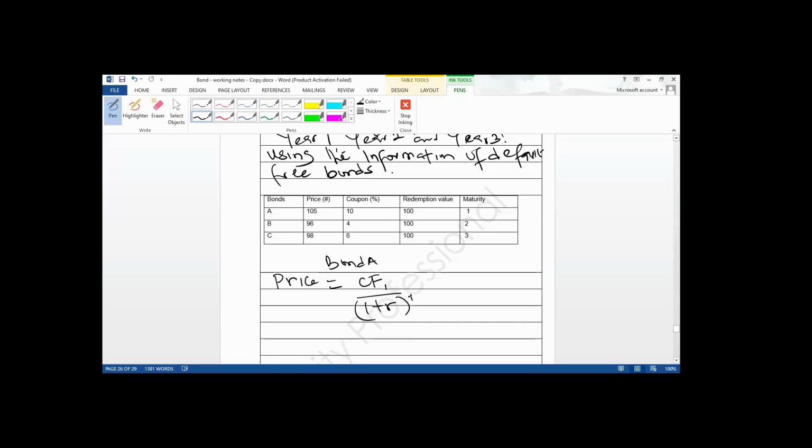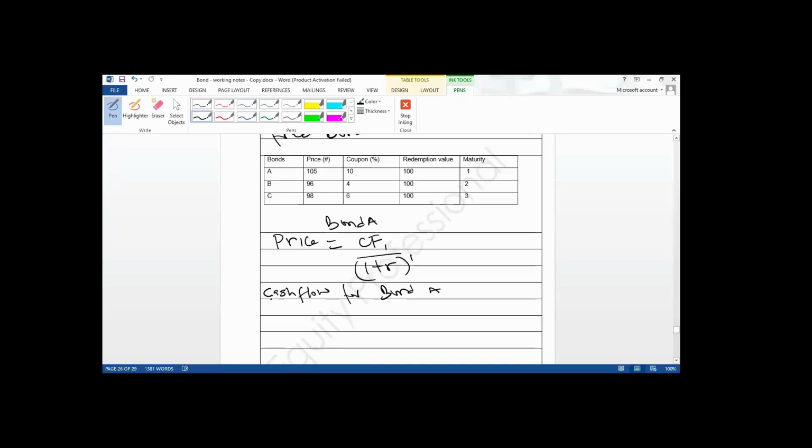Let's get the cash flow for bond A. Annual interest in year 1 is 10% of the nominal value.